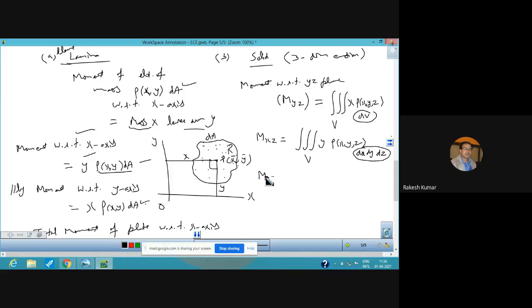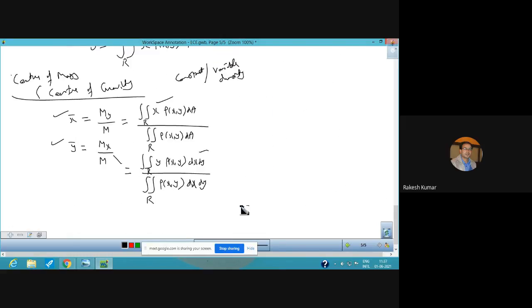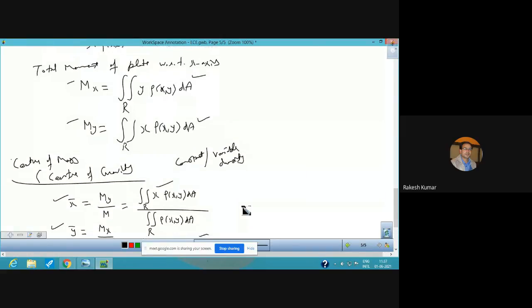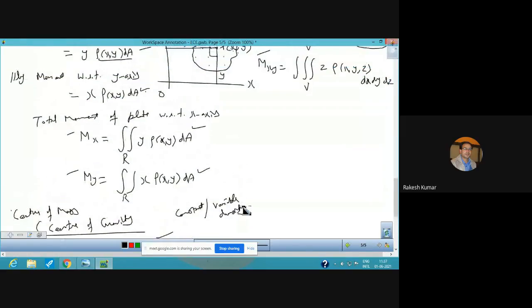So the moment about the xy plane is a triple integral over V of z rho(x, y, z) dx dy dz. So these are the formulas for finding moments, and with the help of moments we can find the coordinates of the center of gravity or center of mass.